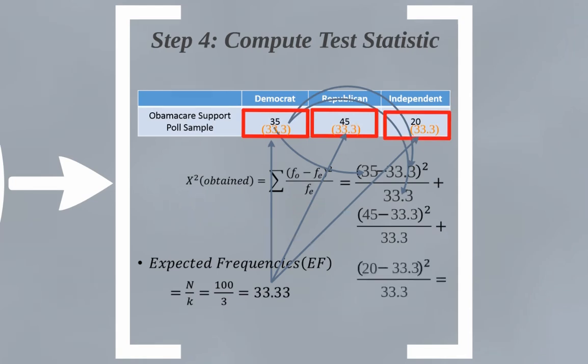And so this equation here is the exact equation from test of independence. Right? And so once we calculate all this out, what we find is we have a chi-squared obtained value of 9.5. And so again, we can compare that to our chi-squared critical region of 5.99. And in this case, we can reject the null hypothesis because 9.5, our obtained value, is greater than the 5.99 of our critical value or our critical region.